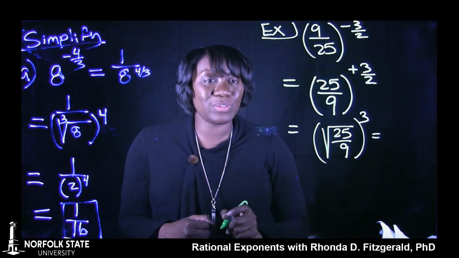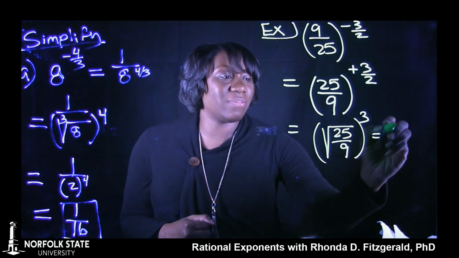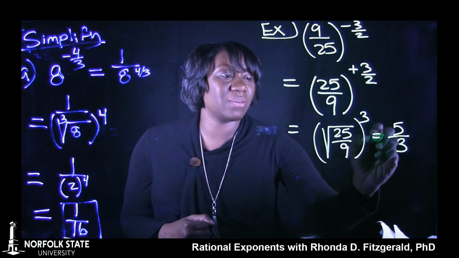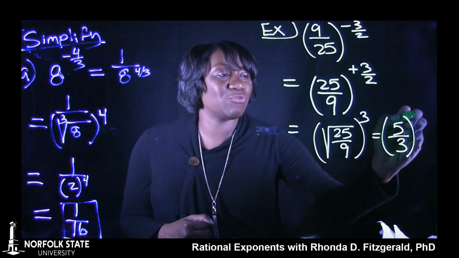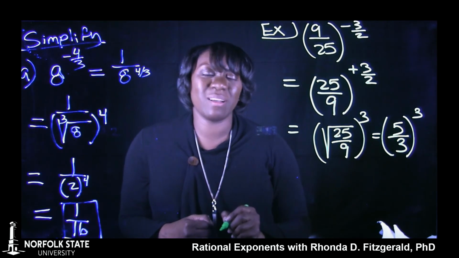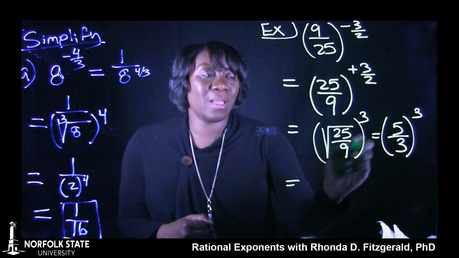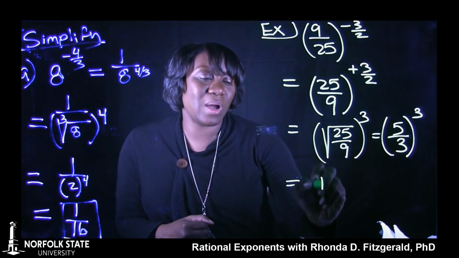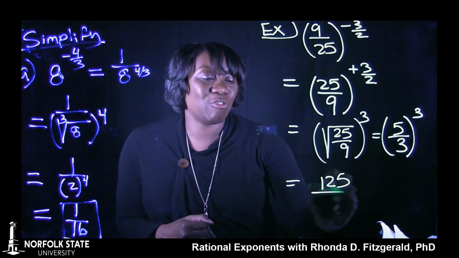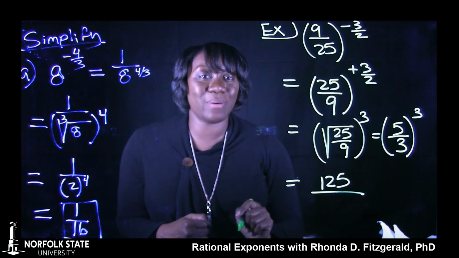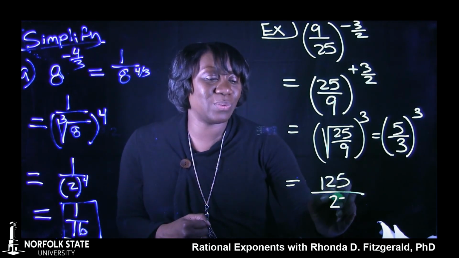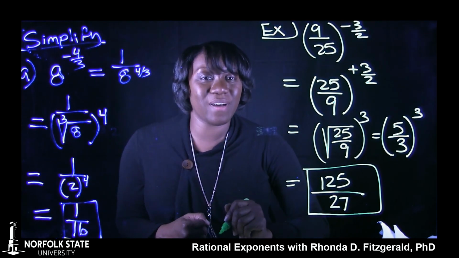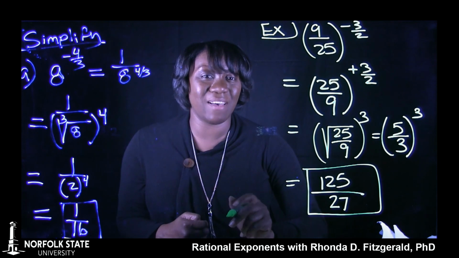The square root of 25 is simply 5. The square root of 9 is simply 3. And all of this is raised to the 3rd power. One more step. Raise 5 to the 3rd power, we end up with 125. Raise 3 to the 3rd power, we end up with 27. So our final answer is 125 over 27.